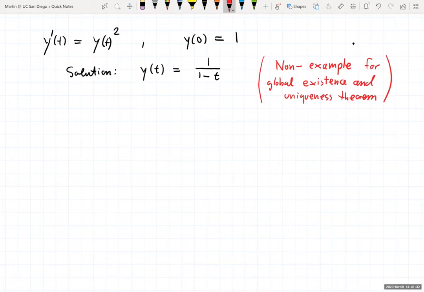So let's recall the right-hand side can be written as f of t, y equals y square. It is defined for all t and y. It is continuous.